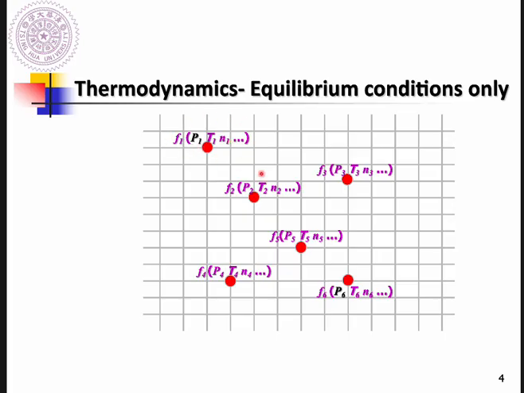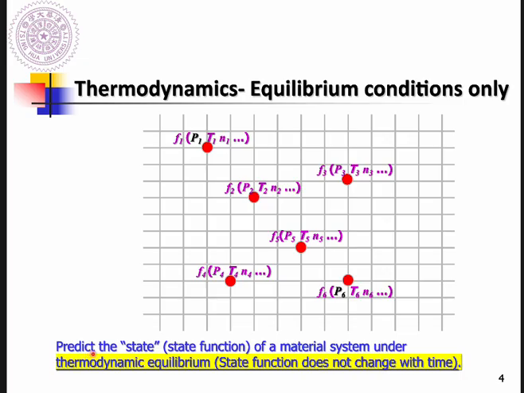So we have 6 different states, and each state is an equilibrium condition and is defined by thermodynamics. Okay, so you can predict the state.